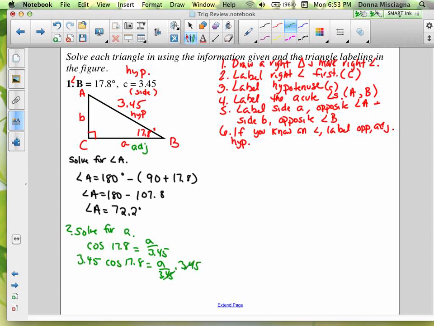So we have 3.45 times cosine 17.8 equals A. We'll plug that into a calculator and find out what A is.